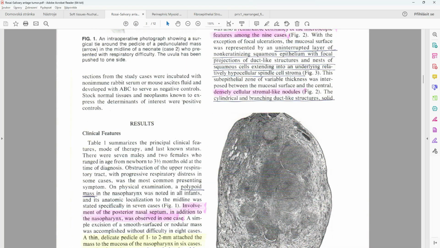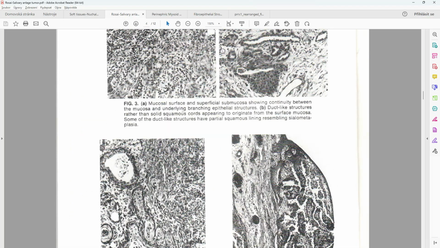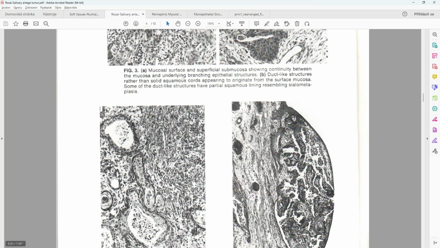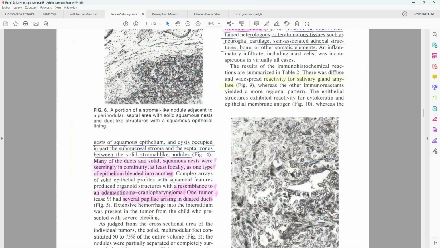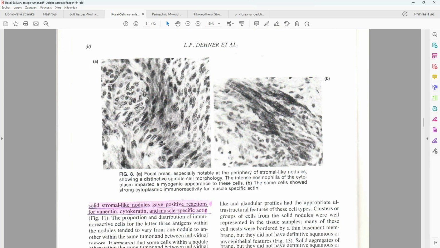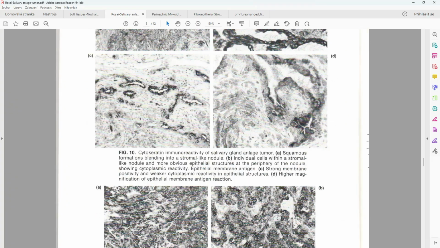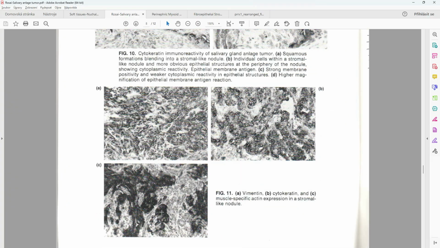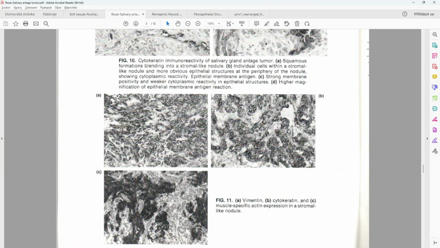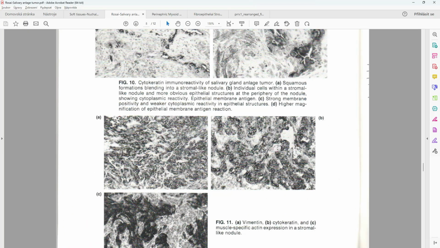Yeah, and you see here the same cystic-like structures. It's very similar to what I showed you. Yeah, and then there is a spindle cell stroma, which is not well featured here.